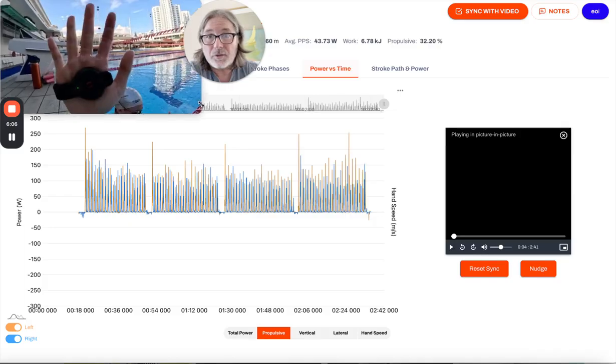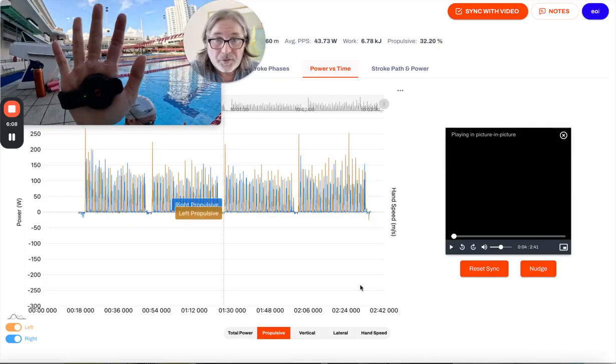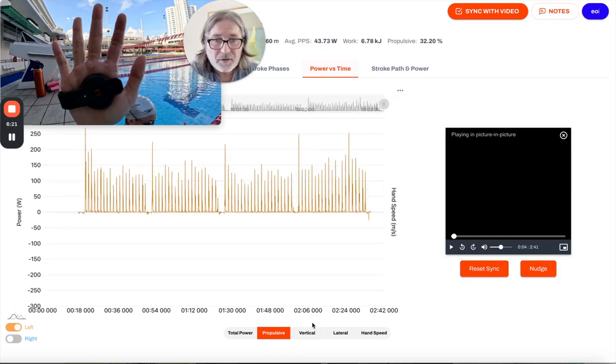So let's have a little look here. Let's have a look at the left hand up here. So I'm going to turn the right hand off because we're going to focus on the left hand, and we're going to pop the vertical on.